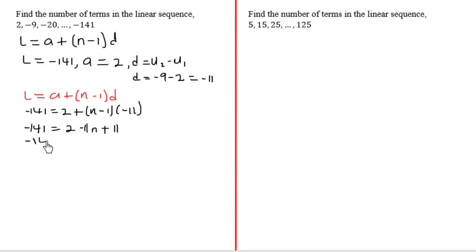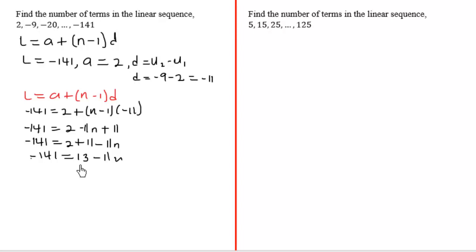So -141 is equal to 2 plus 11, then minus 11n. Now 2 plus 11 gives us 13 minus 11n.